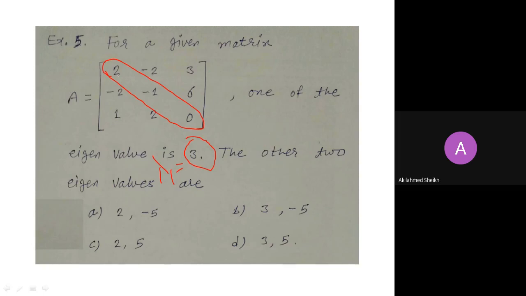Now here the sum is 2 minus 1 plus 0, we get 1. Which option gives 1 when we add lambda 1 in this equation? If we add 3 in option A, we get 0. If we add 3 in option B, we get 1. So obviously option B is the correct answer. In option C, we get 10. In option D, we get 11. So option B is the correct answer.